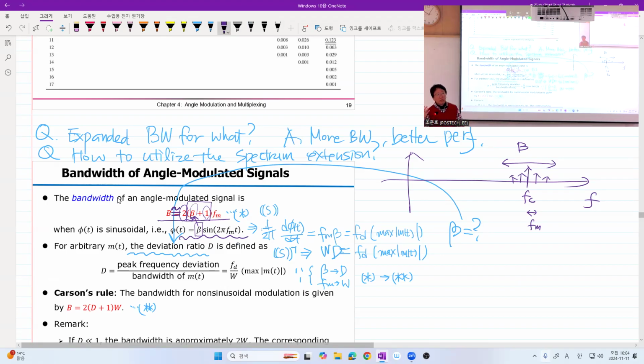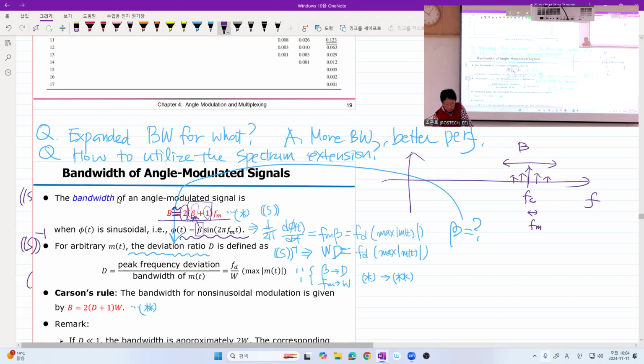Now he wanted to generalize this analysis, this lesson from the simplified analysis, to the general case. And here goes his trick. Okay, so see that in the simplified model, this is your phase deviation, right? Now, what is the corresponding phi of t for a general message signal?